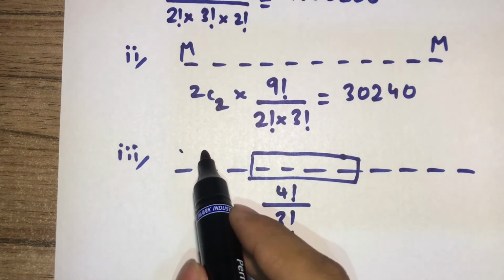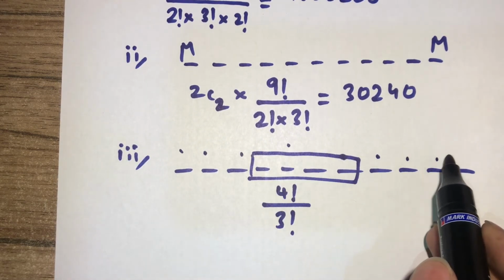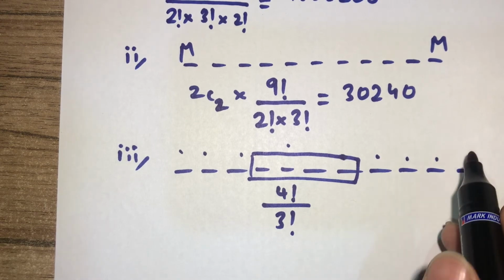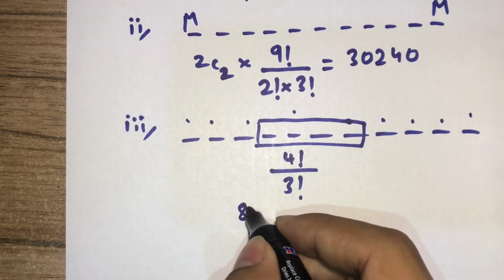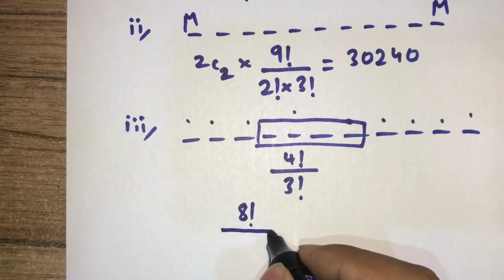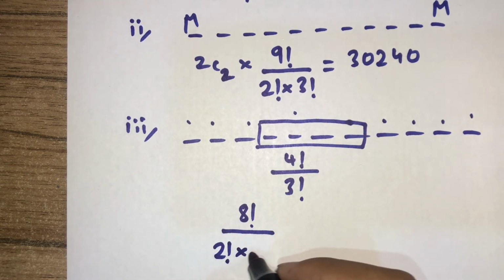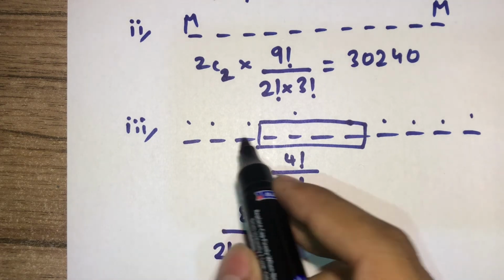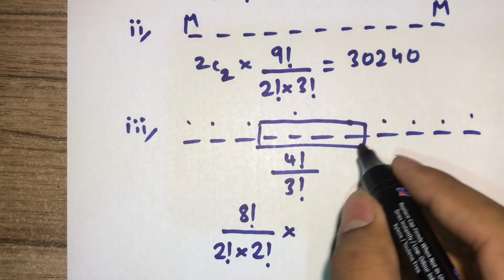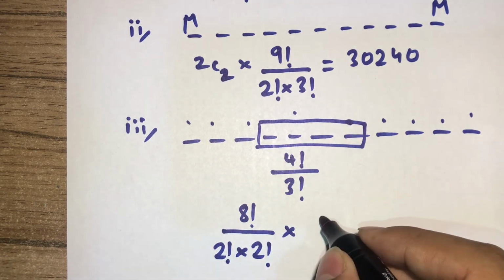Then there are 1, 2, 3, 4, 5, 6, 7, 8 total digits. So 8 factorial upon, for the repetition of the M's and R's, 2 factorial into 2 factorial, times the arrangement of the sofa.